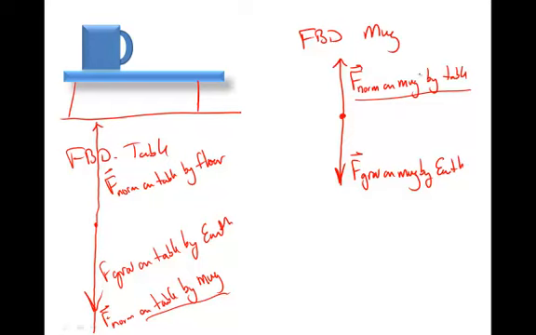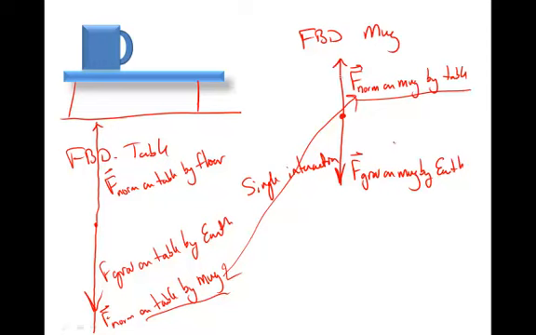So these two forces just have the actor and target switched. The reason is that these two forces are part of a single interaction. These two are not separate. This is a single interaction. And so these two forces can't be different. They have to have the same magnitude, and the directions are always going to be exactly opposite from one another.